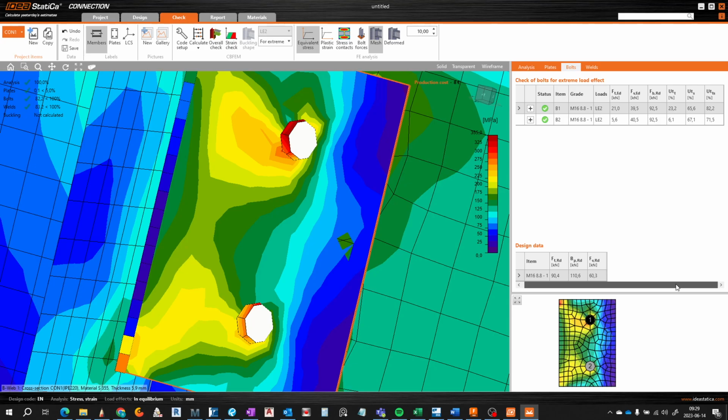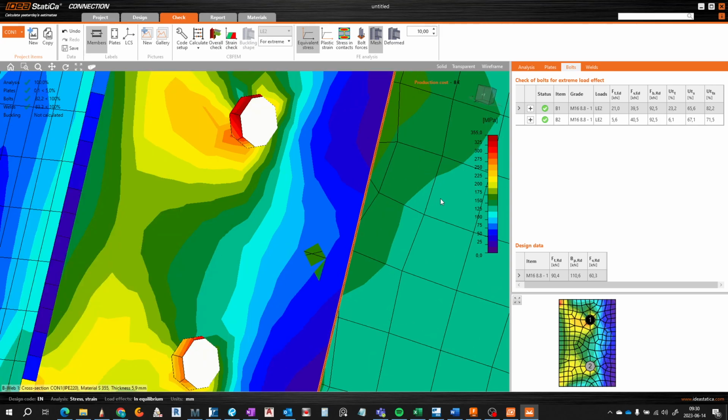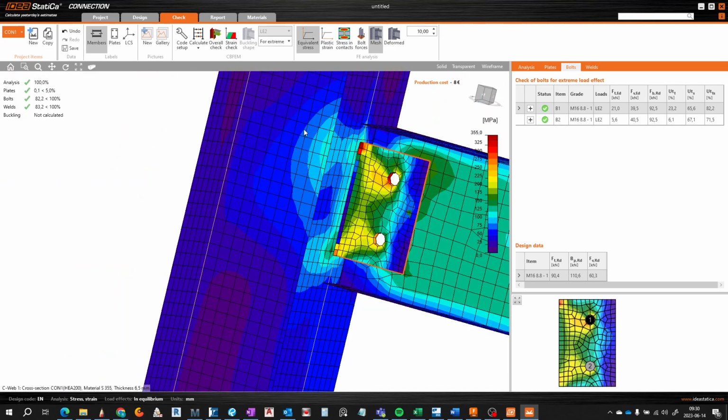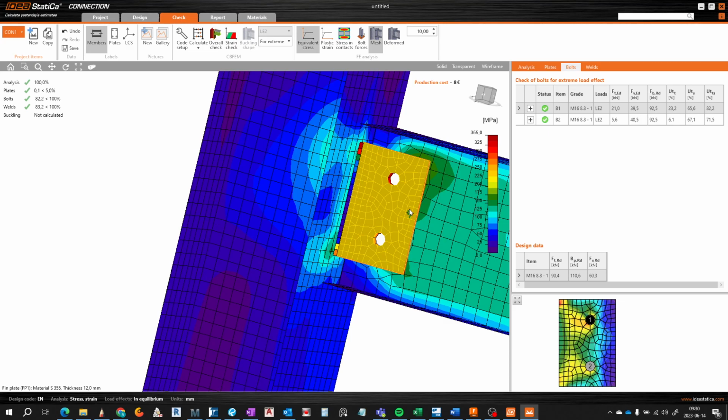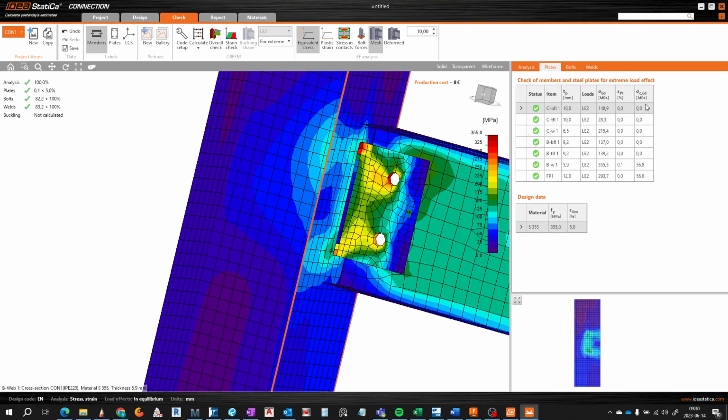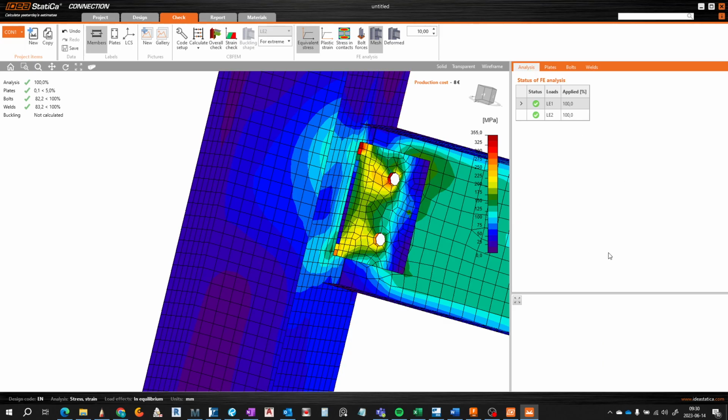No, sorry, this is the 82% utilization rate of that, right? That is von Mises. You are controlling the welds through von Mises, the plate as well. And you look at the plates here, and the percent is very good. So that is for a simple control.